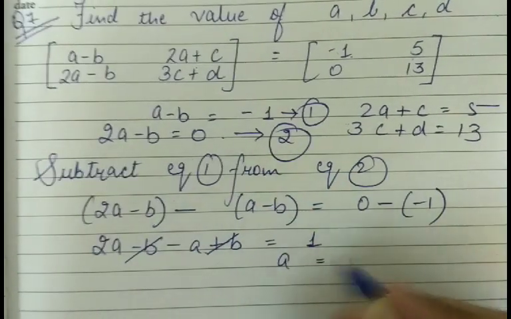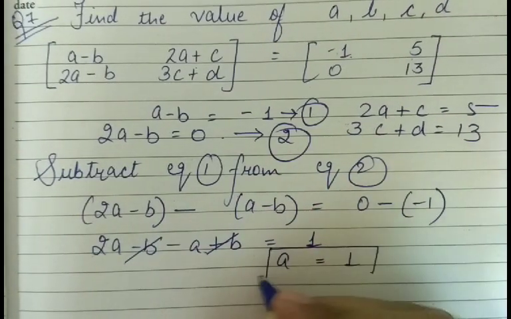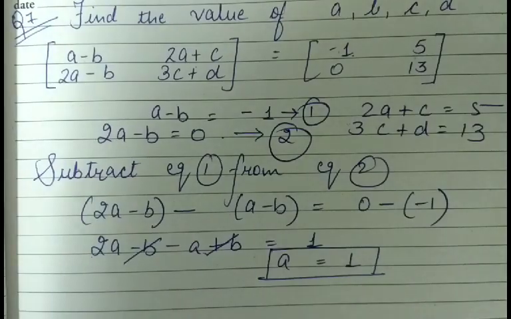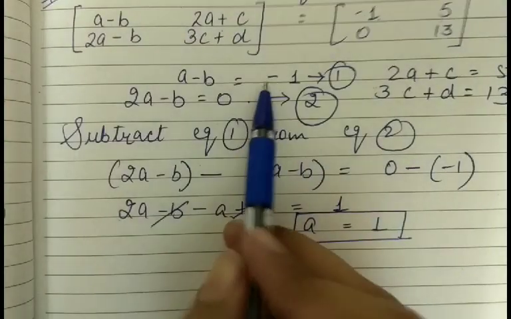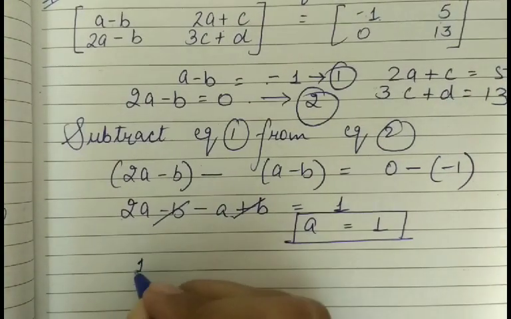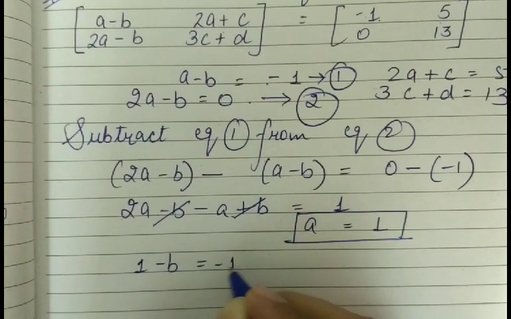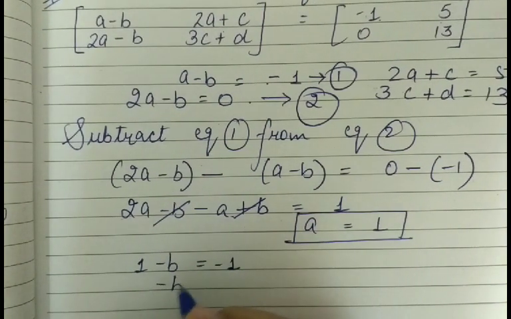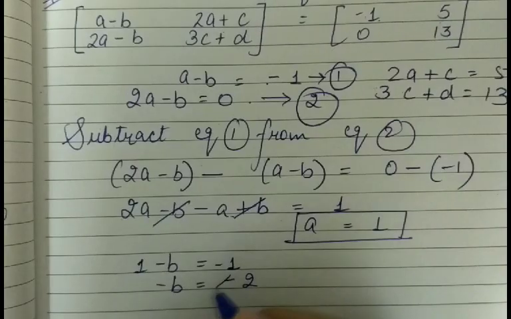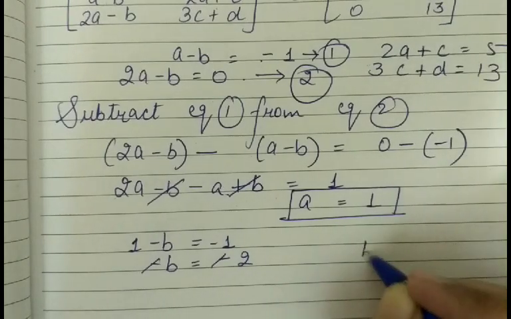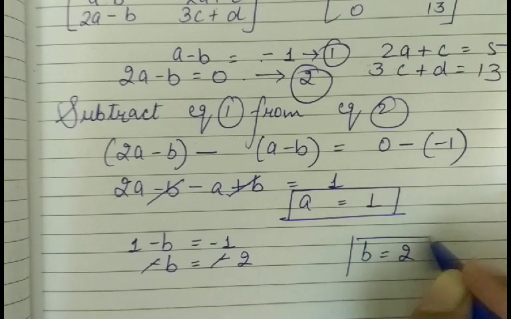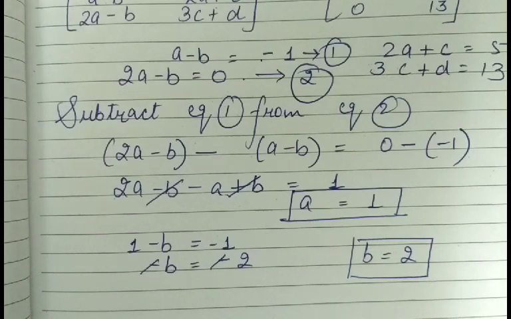So value of a we got here is 1. Put the value of a equals to 1 in equation number 1. 1 minus b equals to minus 1. Minus b equals to minus 2. So value of b will be equals to 2.